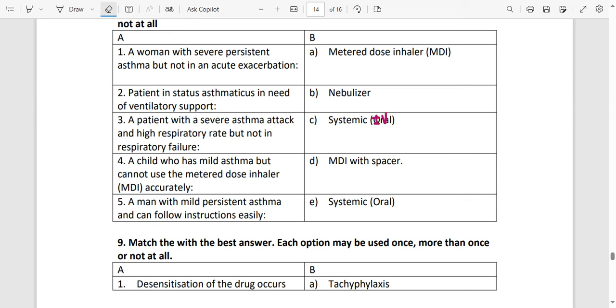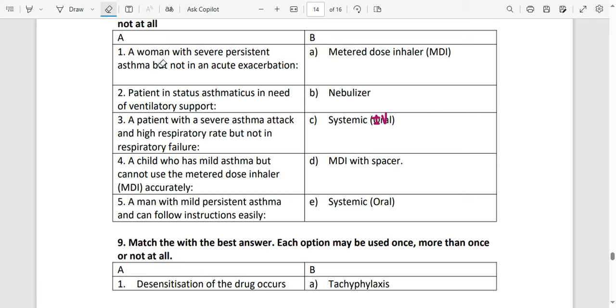All right, so for a severe case that's persistent but not acute, you can use something that is oral and it will go systemic. It has not happened that someone needs really something to help them right away, maybe something they live with. So you can give them systemic orally, right?